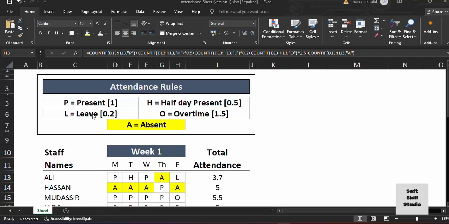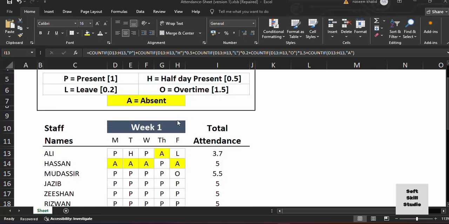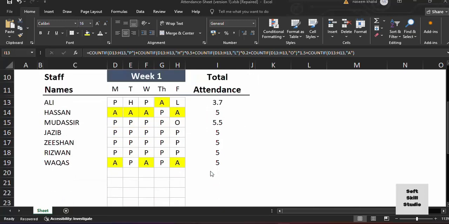If someone is on leave, mark L and it's 0.2. If someone has given overtime, it will mark O and here it will be 1.5, and here is the absent A. This is the total attendance register of the staff names in the company.